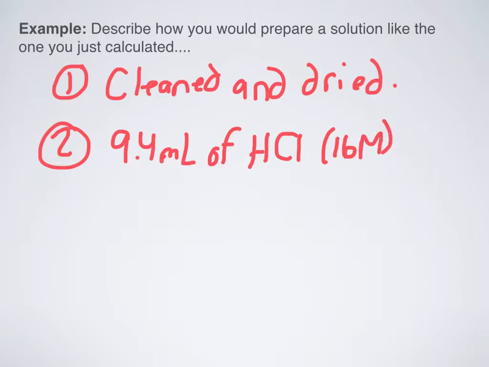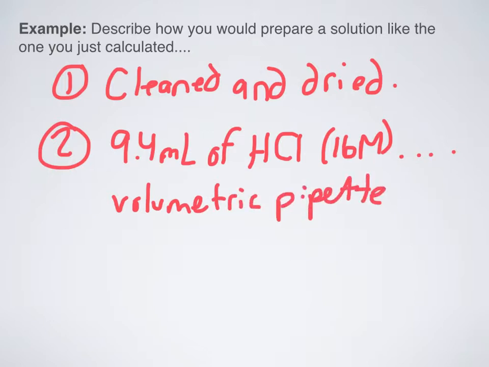How are you going to get 9.4 milliliters? Well, we want to use something called a volumetric pipette, and we'll be using quite a bit of these volumetric pipettes. We want to use a volumetric pipette because that gives us a nice accurate measurement. And so yes, you can probably find a volumetric pipette that measures exactly 9.4 milliliters somewhere in the world.